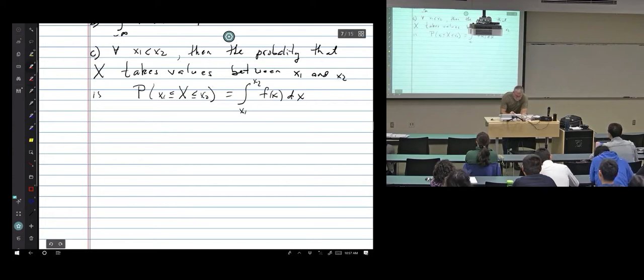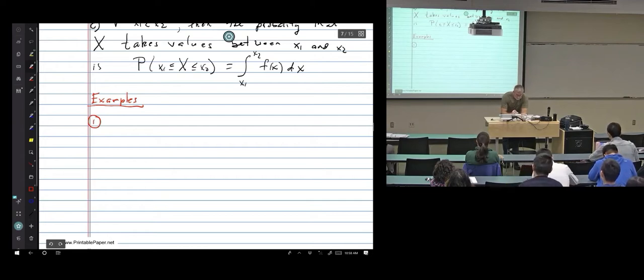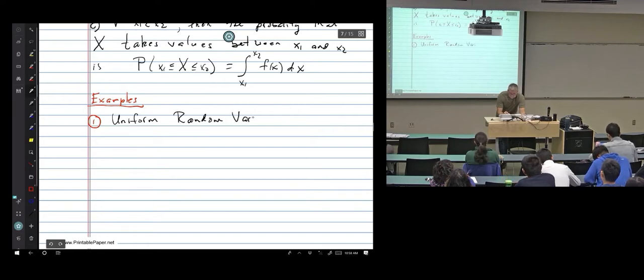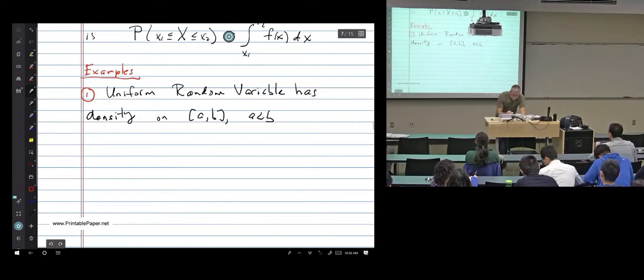So, simple example. A uniform random variable has density on [a, b], a strictly less than b, given by f of x equals 0 if x is less than a.